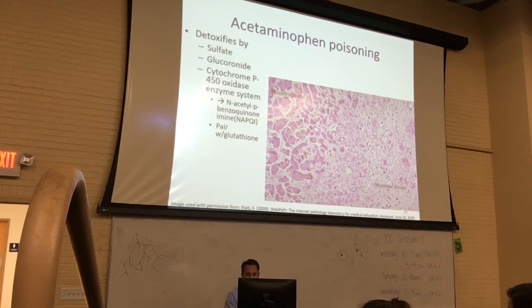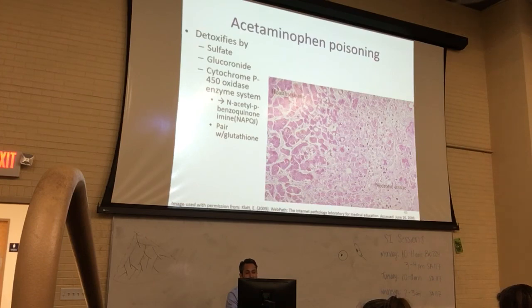But the problem here is there's a metabolite, an intermediate, this NAPQI. It goes from acetaminophen to NAPQI through cytochrome P450 oxidase. And that NAPQI is actually a hepatotoxin.